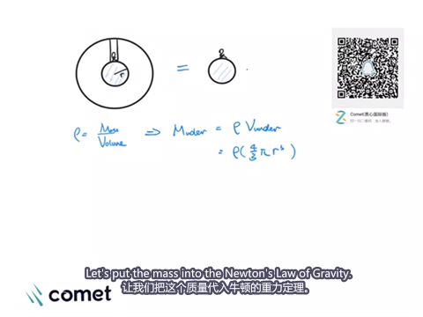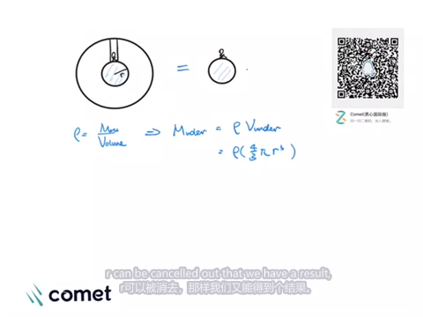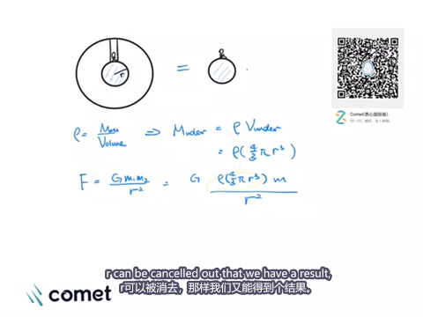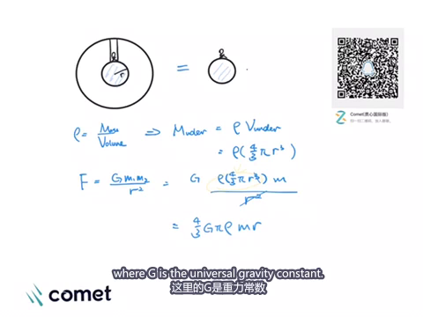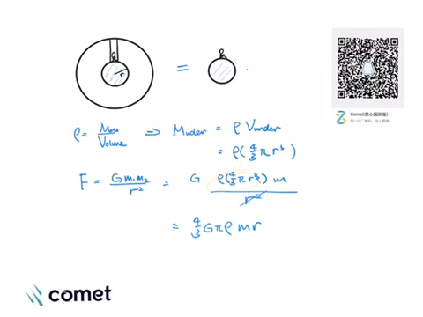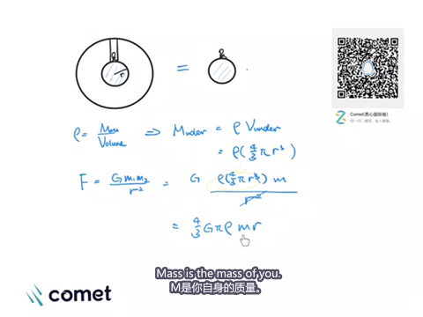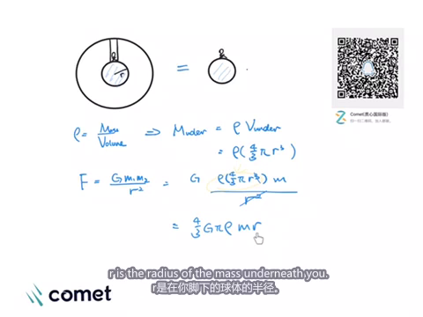Let's put the mass into Newton's law of gravity. r can be cancelled out, thus we have a result, where G is the universal gravitational constant, pi is 3.14, rho is the density, m is the mass of you, and r is the radius of the mass underneath you.